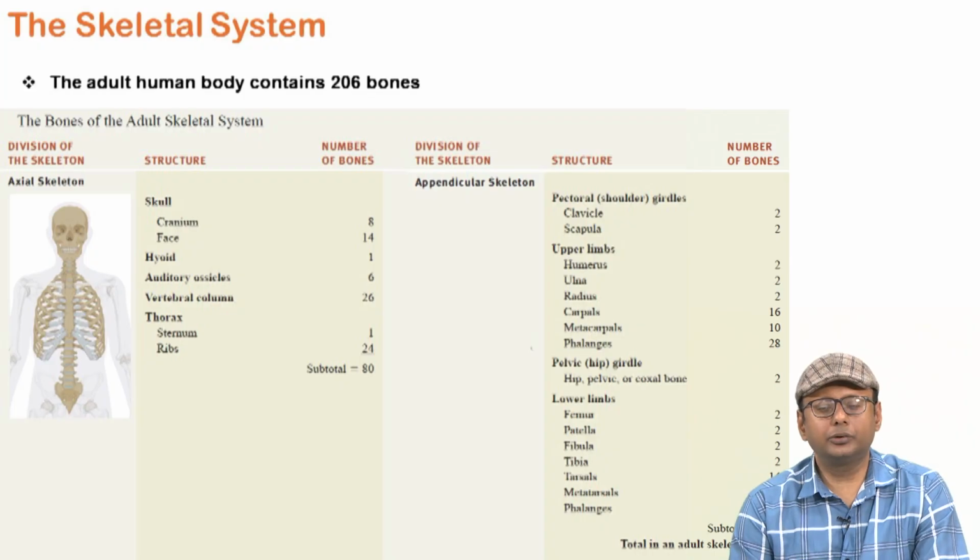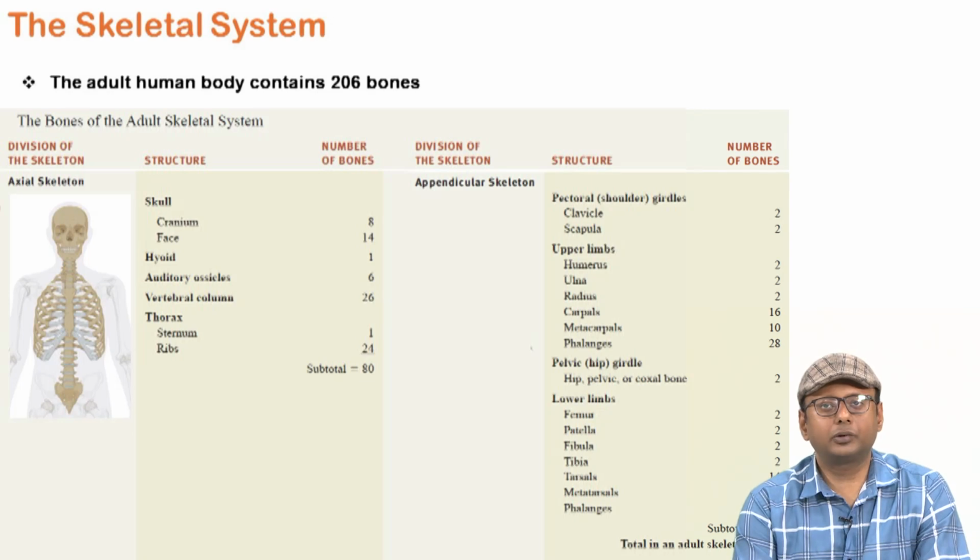So we all know how many bones are present in our body. If you see the number here, we have around 206 bones in the human body. If you divide the bones into the axial section and the appendicular section, you will see the numbers. In the axial section we have around 80 bones.